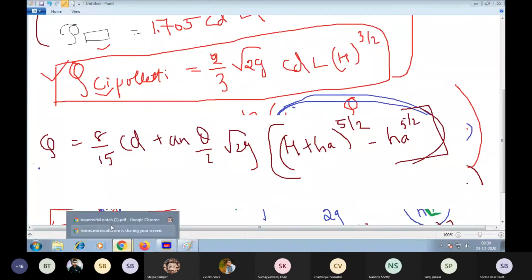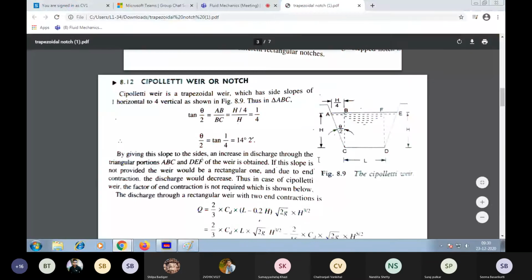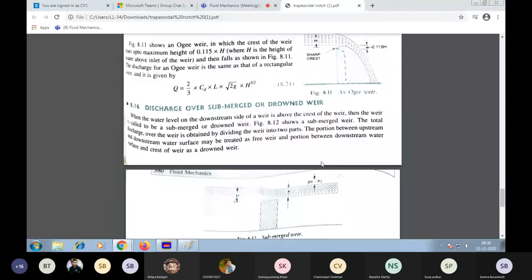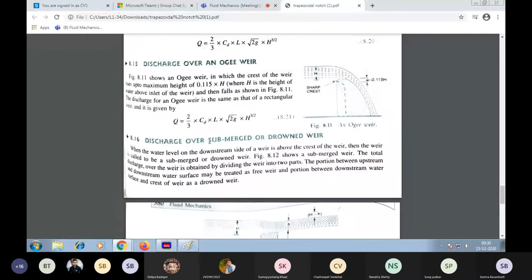But before that, I am going to explain the last derivation, that is discharge over a submerged or drowned weir. What do you mean by submerged or drowned? What do you mean by discharge over a submerged or drowned weir?